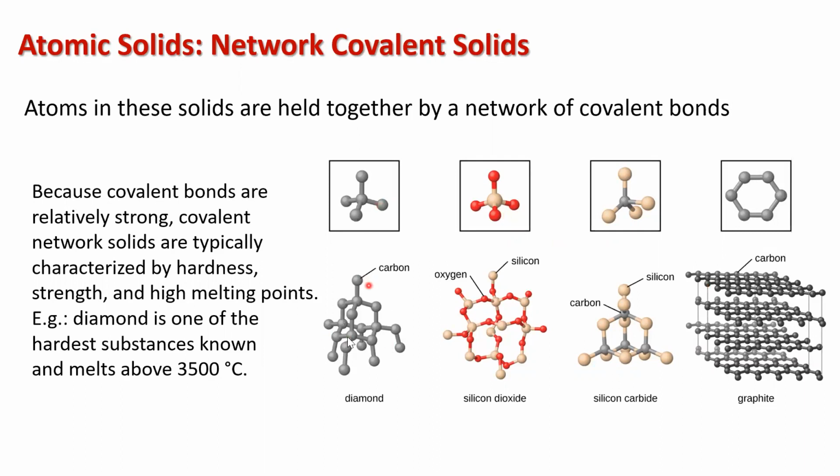So diamond might be an example, silicon dioxide is an example, and so forth. So they're a type of atomic solid, but this time the atoms are non-metals, which are held together by a network of covalent bonds. So graphite and diamond are two examples of these network solids.